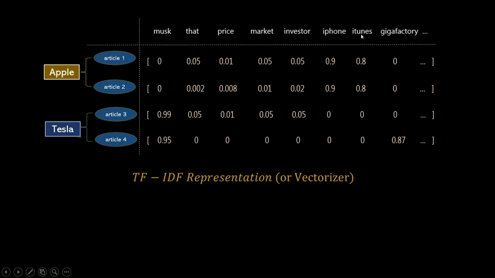The values 0.9 and 0.9 for iPhone and 0.8 and 0.8 for iTunes, representing Article 1 and Article 2, are close together, and these values show Articles 1 and 2 are very different from Articles 3 and 4. Thus, the similarity of the sentence vectors will be calculated so that the classification will become easy for the neural network model. This is the TF-IDF representation.